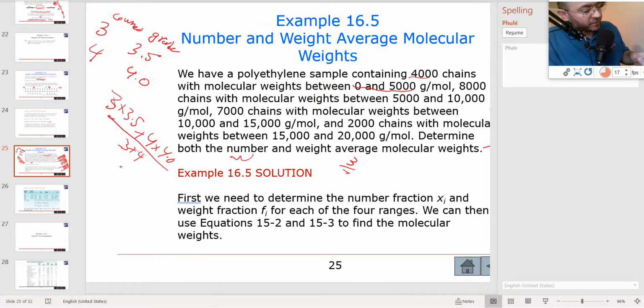So it will be 3 over 7 times 3.5 plus 4 over 7 times 4.5. This will be the combination of it.